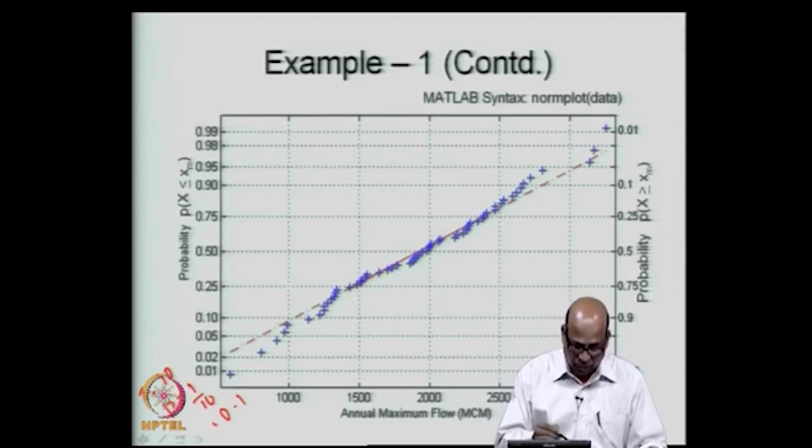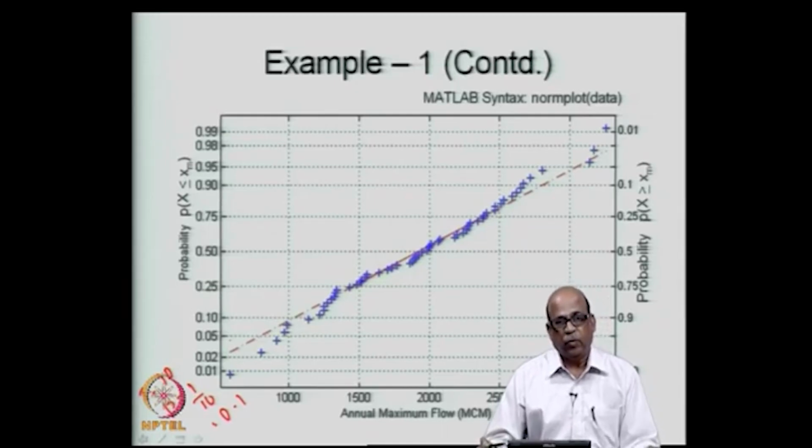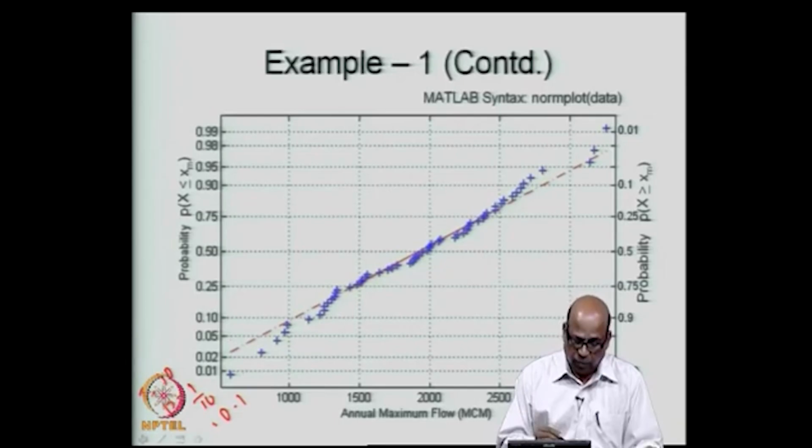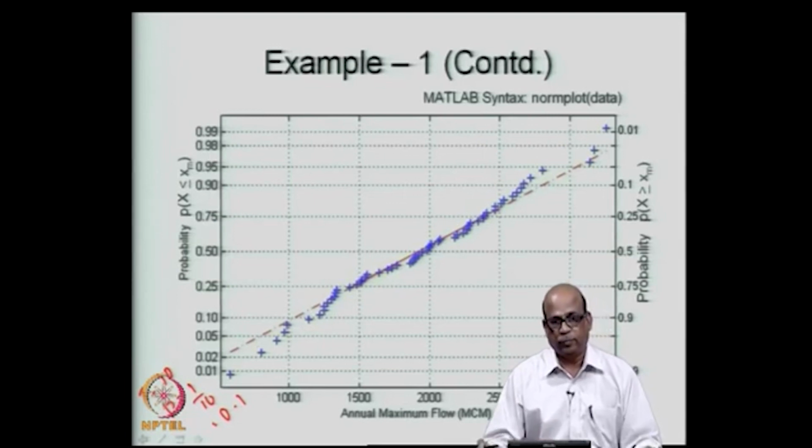However, you must remember that this is a highly nonlinear scale and therefore the values that you get may be significantly different. You must be alert to the situation that near the extremes, if the values are significantly departing from the theoretical straight line, then you must be careful using these for extrapolation purposes near the extreme values. That is the point that I want to drive.